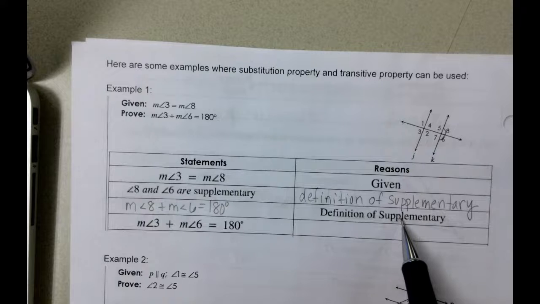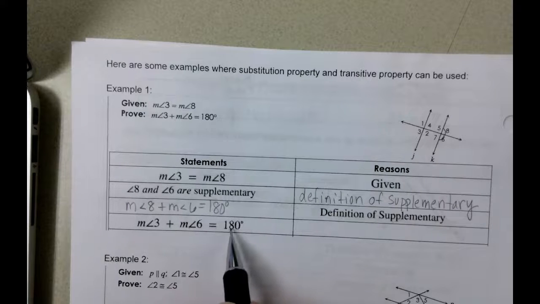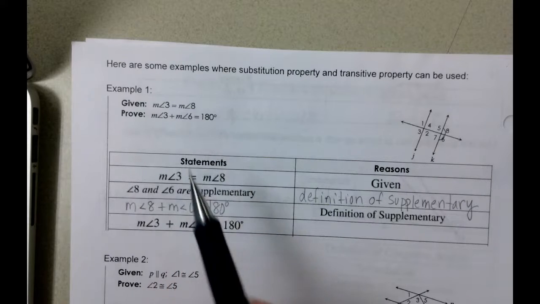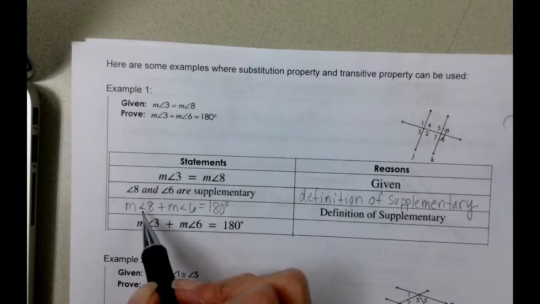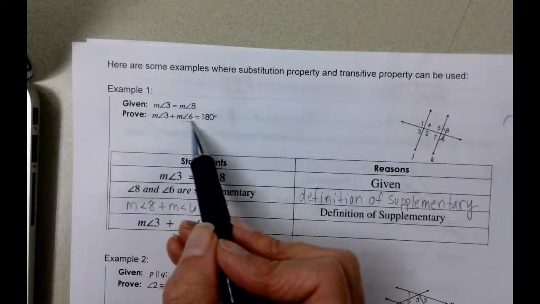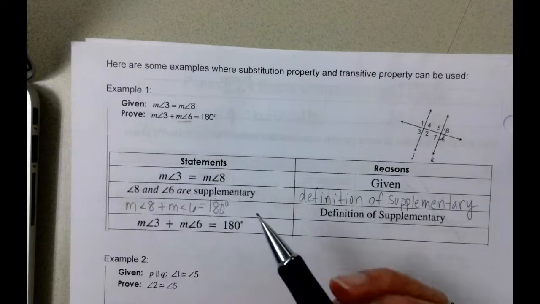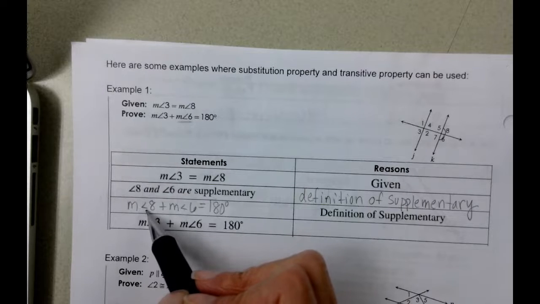So finally what we've got down here is the measure of angle 3 plus the measure of angle 6 equals 180. That's what we're trying to prove here. And what we have written is the measure of angle 8 plus the measure of angle 6. So we've got the measure of angle 6 that we've been trying to prove. But what we don't have, we've got the measure of angle 8 here.